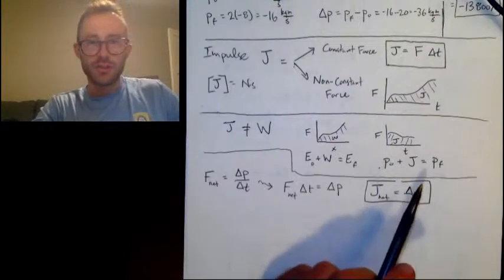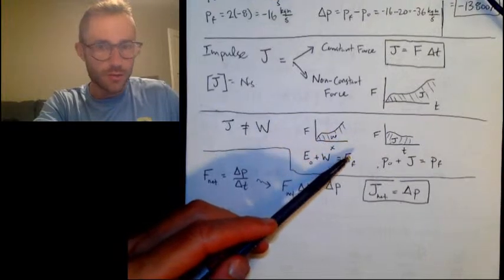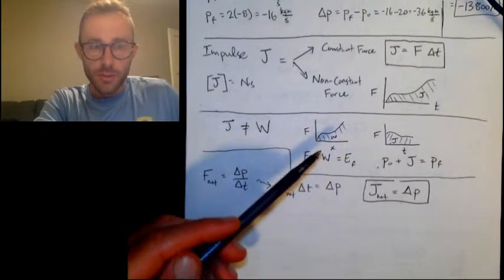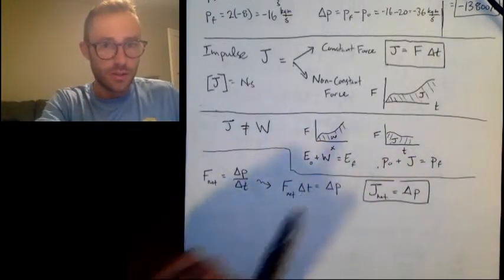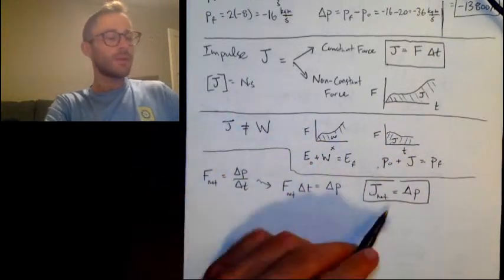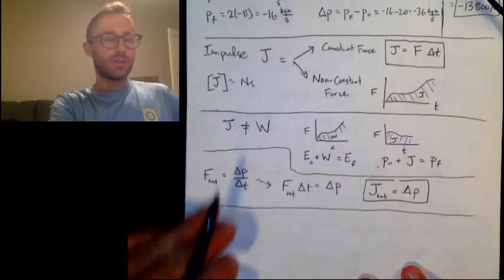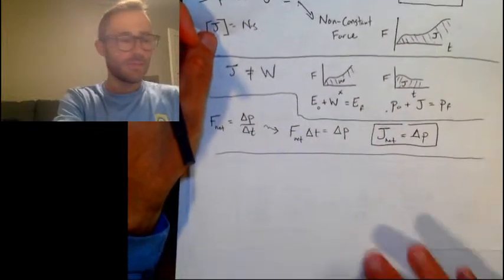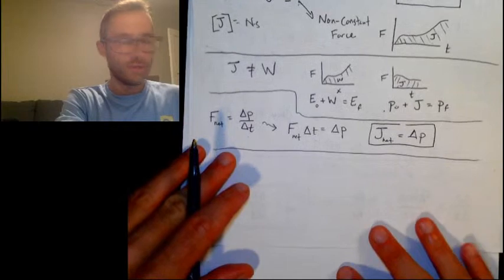I should have made that distinction a little bit clearer when I lectured on work as well, because it's also true of work. The work due to the net force is the change in energy. So let's do a little example that illustrates this relationship right here, and then I will be done.